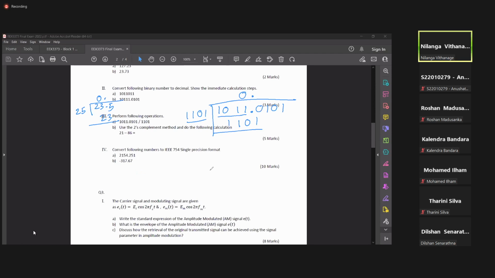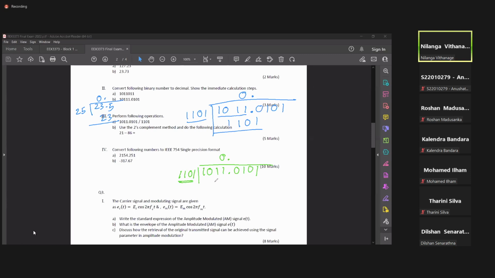So you have to divide 1011.0101 by 1101, right? As in the first example, you cannot divide this by this because this one is bigger than this one, so it is 0, right? 0 point.